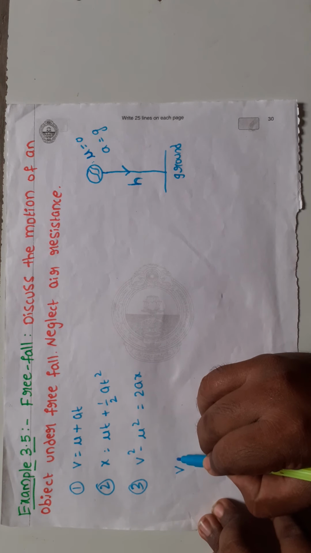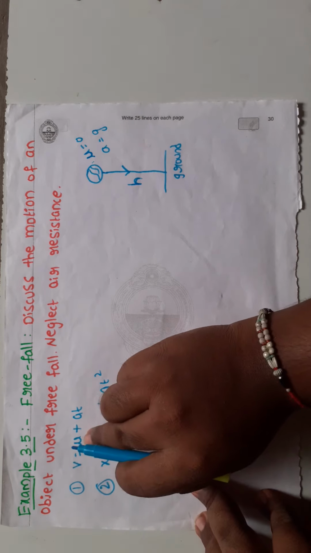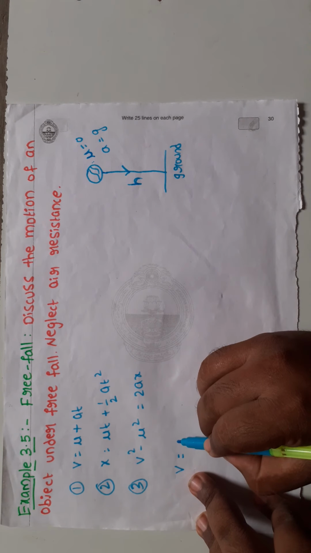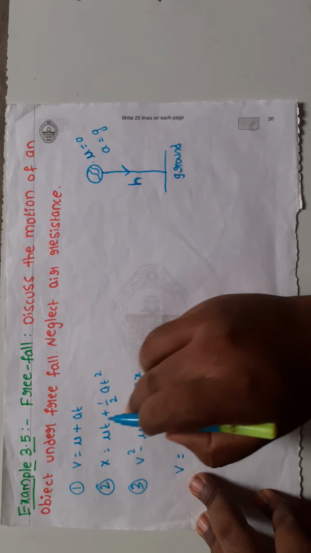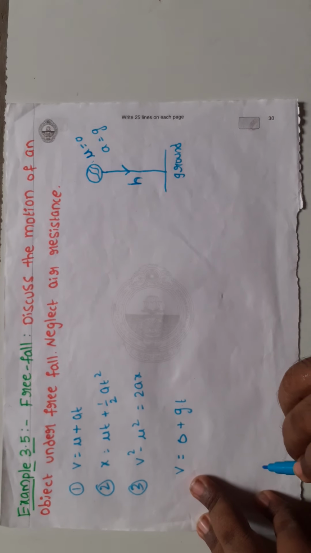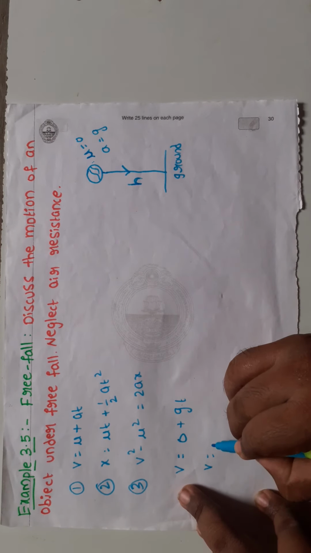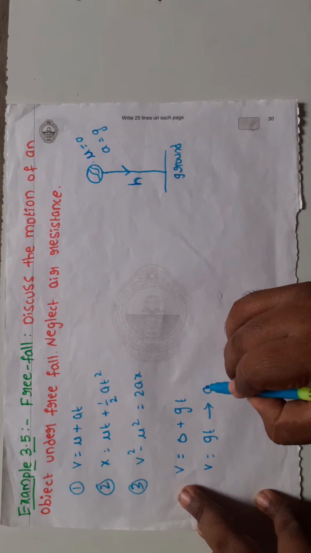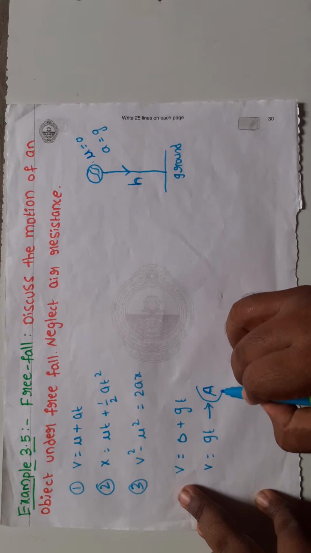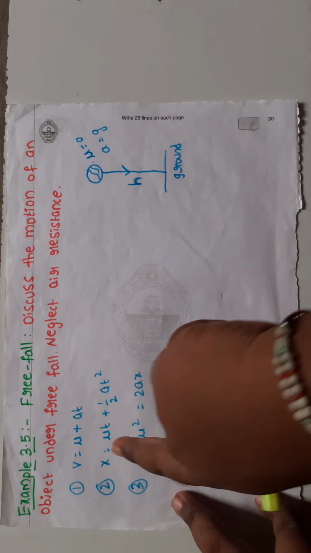First equation: v equal to u, whose value is 0, plus a, whose value is g, times t. So v equal to gt; that is equation a. The first equation is converted to v equal to gt.